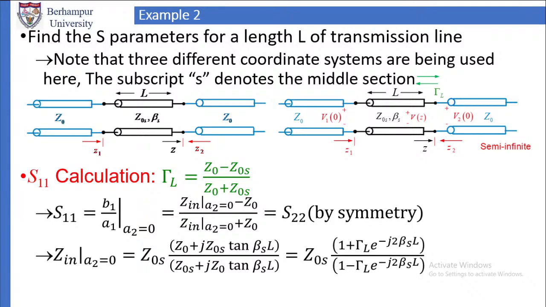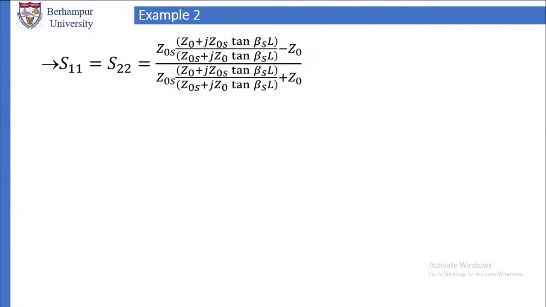That you can also write in the form of the reflection coefficient gamma L: Z0S whole into, in the numerator, 1 plus gamma L exponential minus j2 beta S L, and in the denominator, 1 minus gamma L into exponential minus j2 beta S L. So this is Zin.